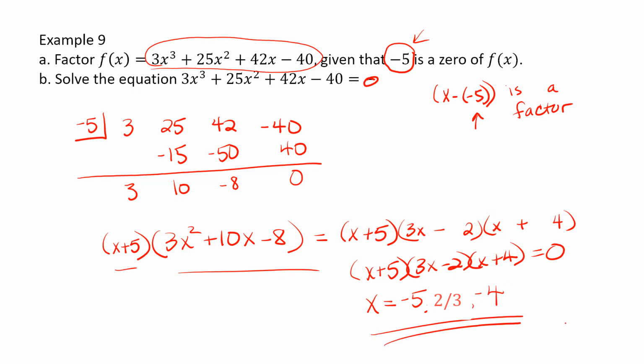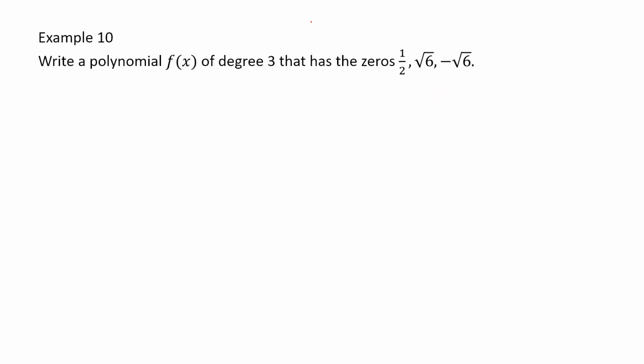So these three values are the solution set to that equation, setting the function f of x equal to 0. And so I've solved that cubic equation. So this is what all this is about. It's about solving these higher order equations, finding a 0 in some way that you can, and then using that to factor at least one factor out of the equation of the function so that you can then maybe factor whatever's left.